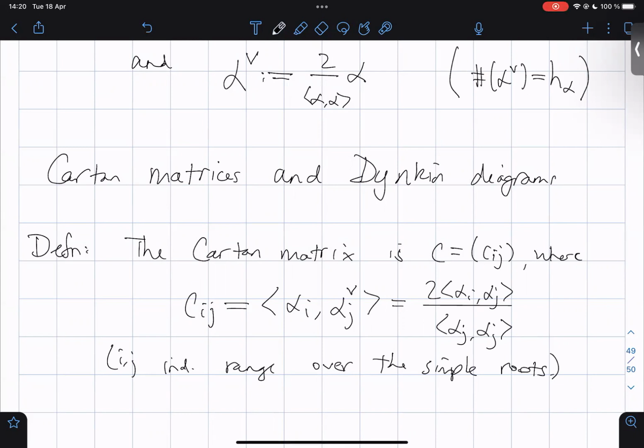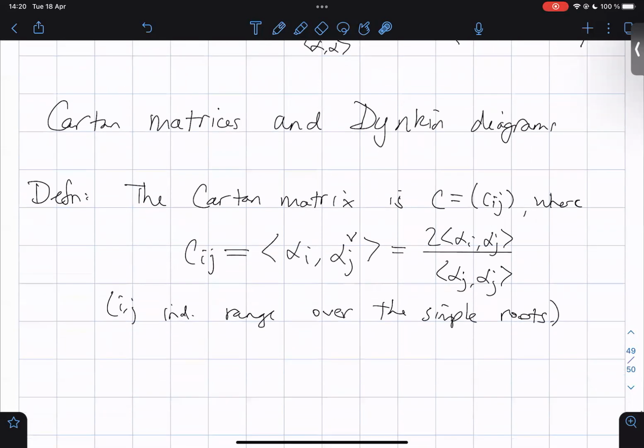For SL3, we have two simple roots, so this is going to be a 2 by 2 matrix. But from how this is defined, with this alpha j in the bottom, Cartan matrices in general, beyond SL3, are not necessarily symmetric. In the case of SL3, it will be a symmetric matrix.